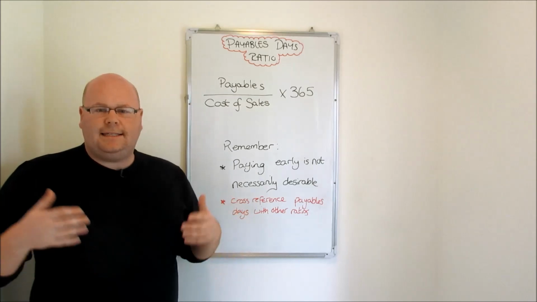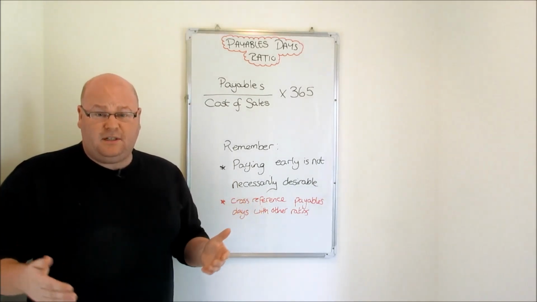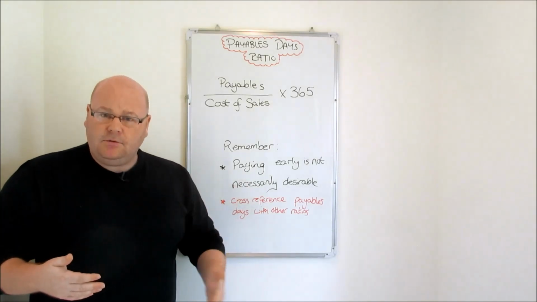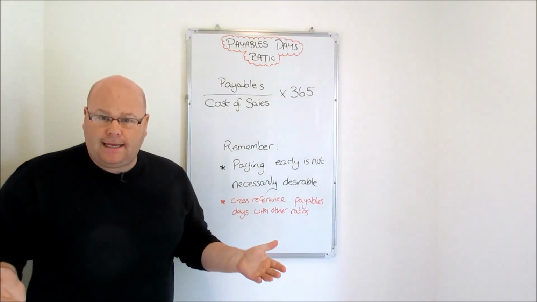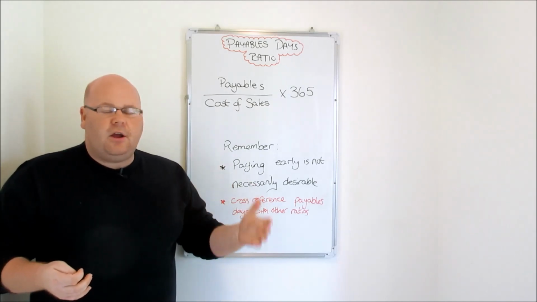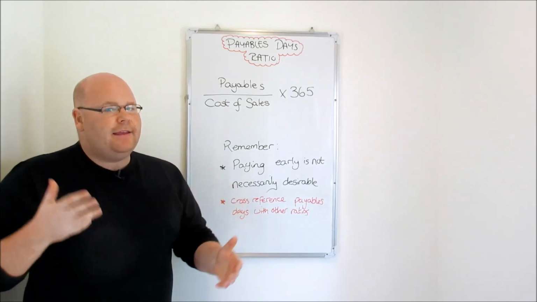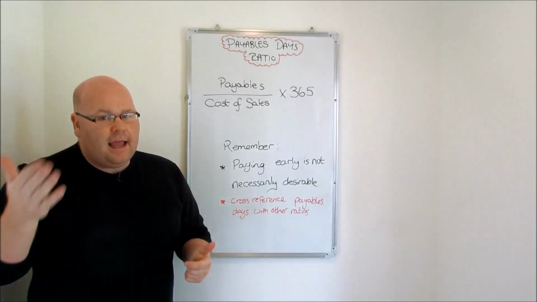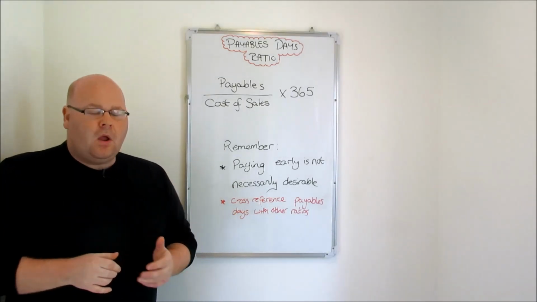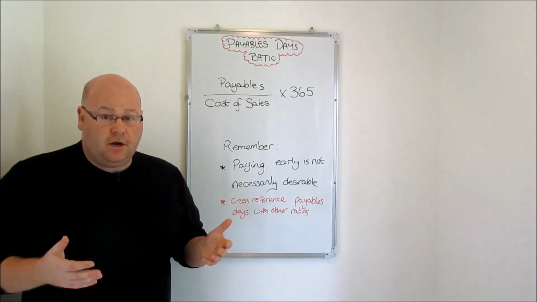If the answer comes out as 65, but on average the business's trade credit that it's been offered by its different suppliers is 60 days, it tells us that the business is on average paying late. It's missing deadlines to pay up with its suppliers and coming in at 5 days over its average trade credit period. And then all those consequences that we discussed, they might kick in. We could also compare this with the receivables days ratio as well.